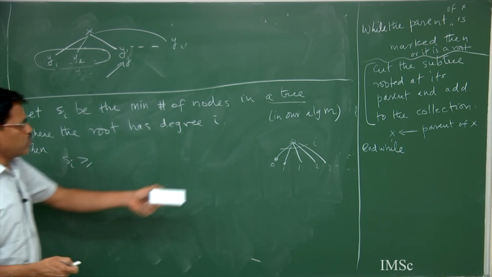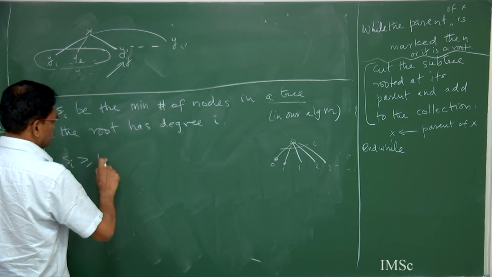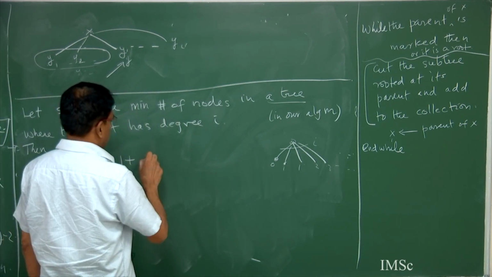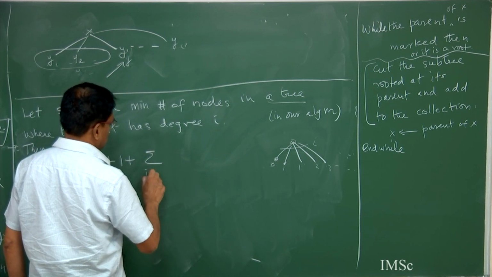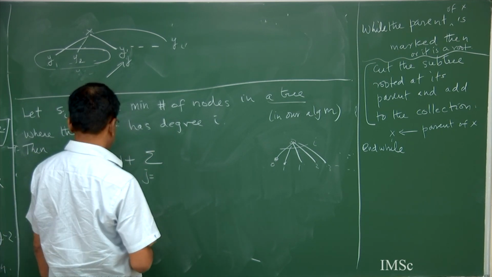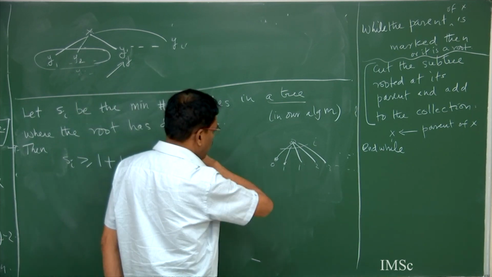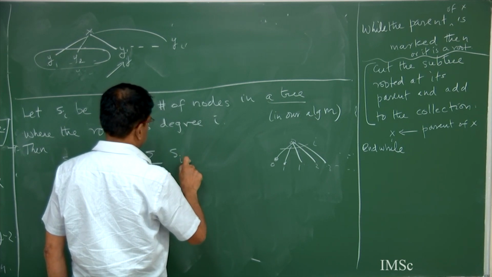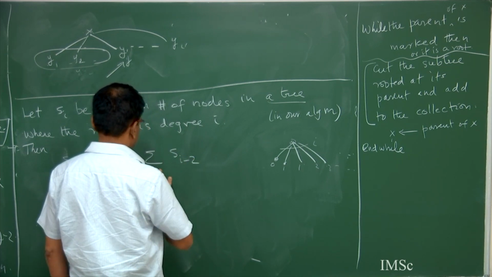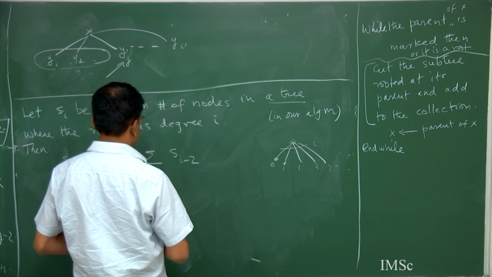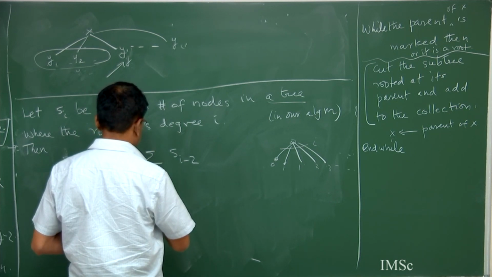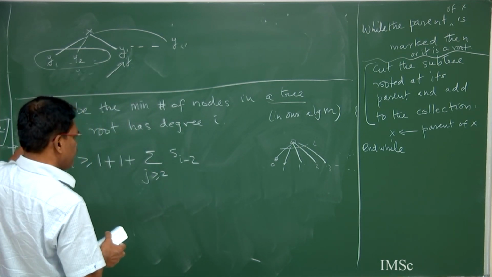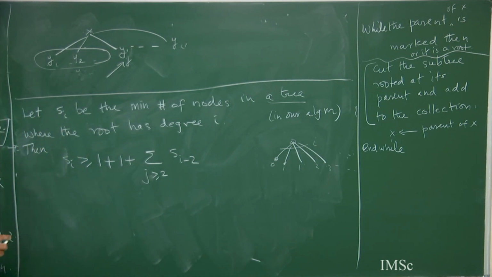Let me count 1 for the root, 1 for this node, and then, this is my claim, it just follows from the lemma.